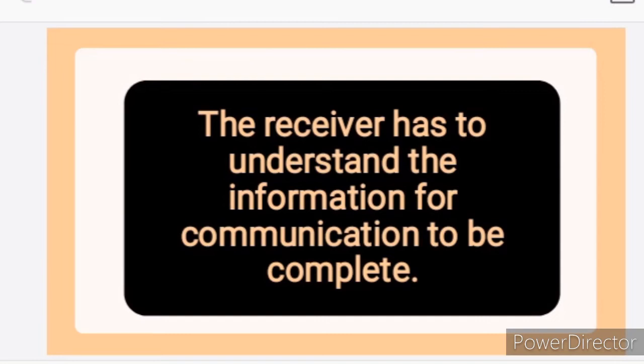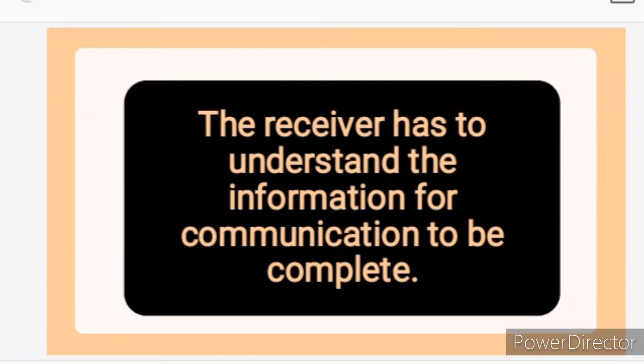If the receiver does not understand the information, it is not complete. For instance, I'm passing information to you right now. If you do not understand what I am saying, it means that I have not communicated. My communication is not complete. So for me to be able to say that I have communicated with you, you have to understand what I said.